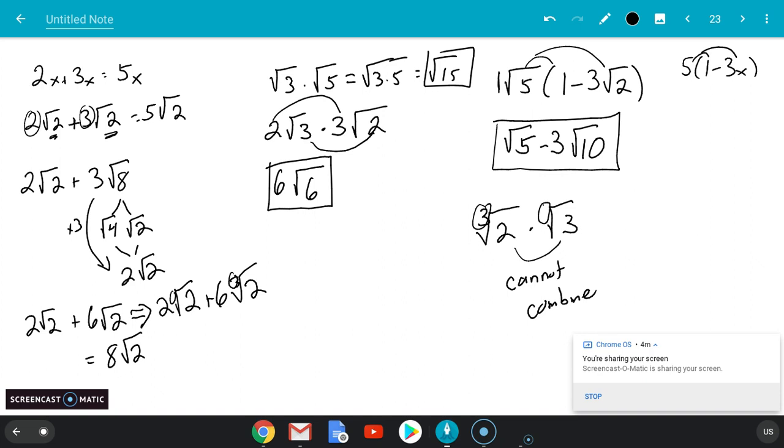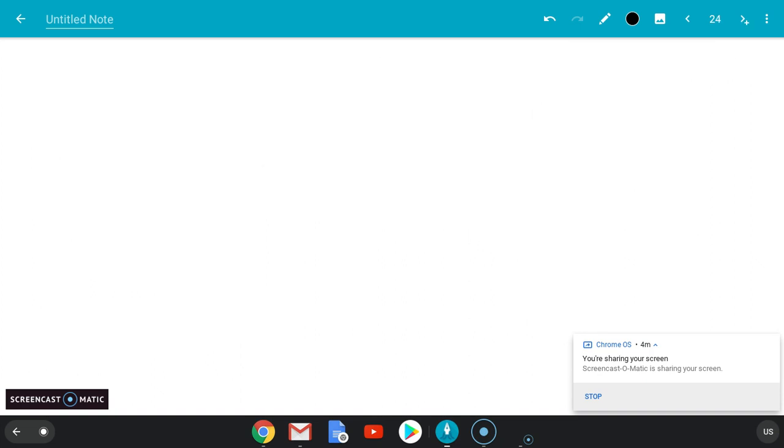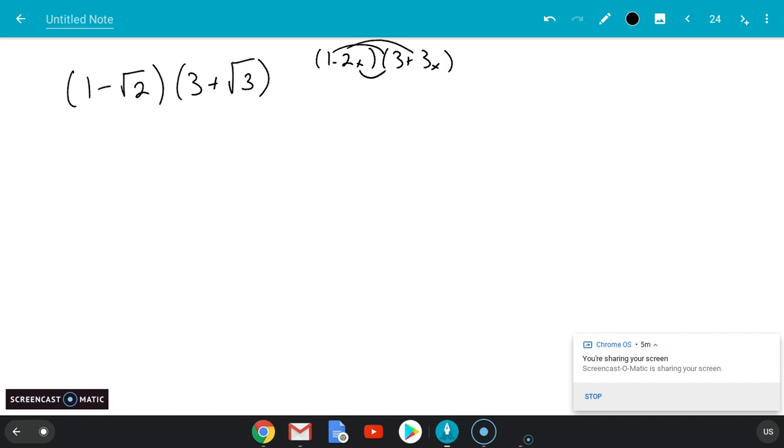Let's look at a couple more here. Let's say we had 1 minus the square root of 2 times 3 plus the square root of 3. This is just like 1 minus 2x times 3 plus 3x. You would FOIL.